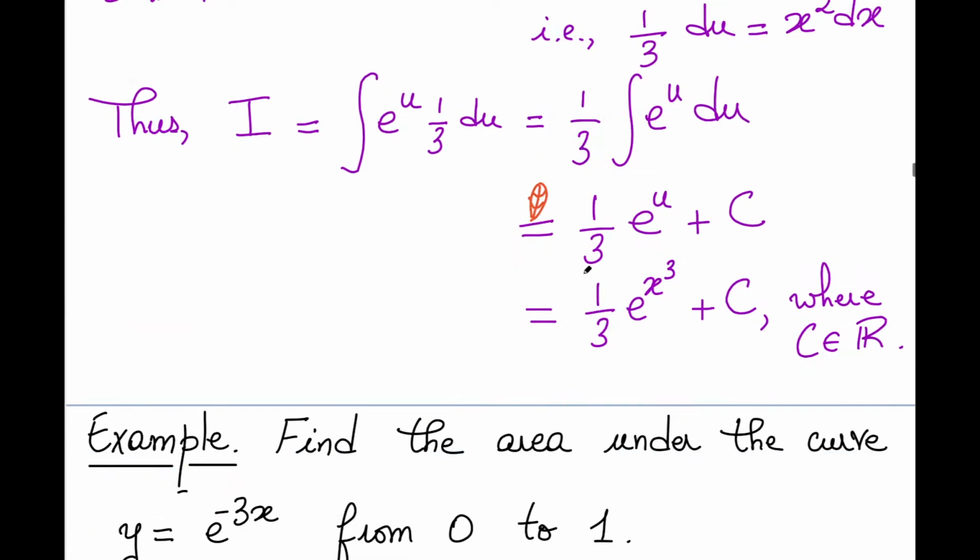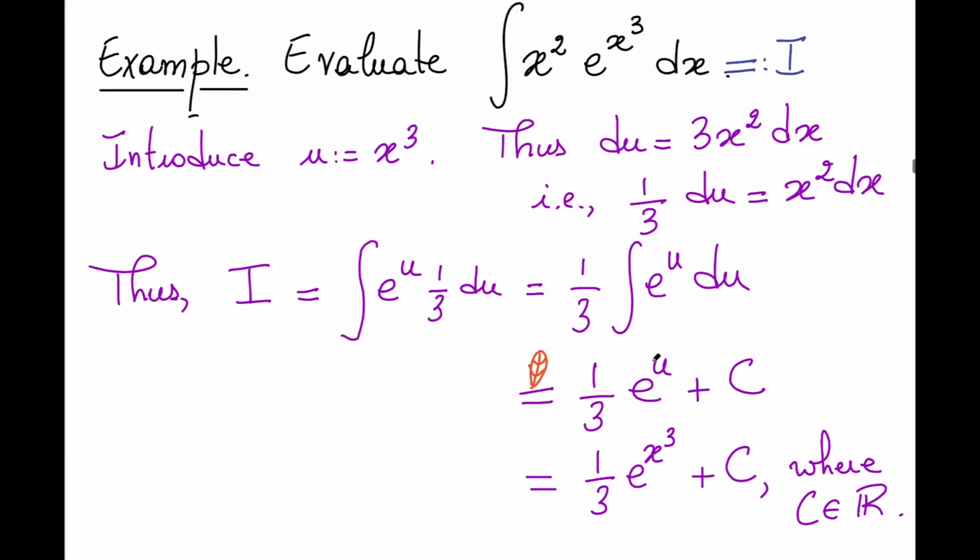So if you differentiate that, you should pick up x squared e to the x cubed. Let's actually do it together. Let's differentiate this on the side, just to get used to differentiating the exponential function with base e.